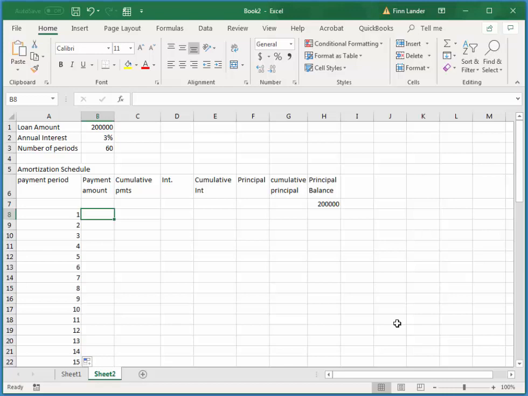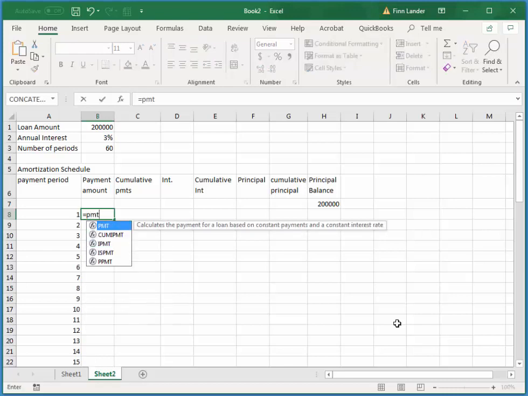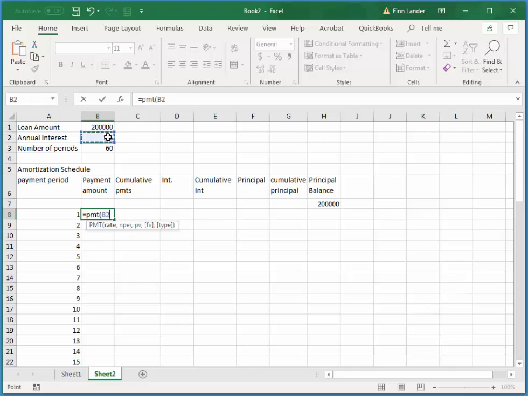So the payment amount equals PMT, and then the rate. So I have to make that absolute, F4, right? Divided by 12, again, because we're paying per month. Number of periods, and again, that has to be absolute because we will be autofilling down.